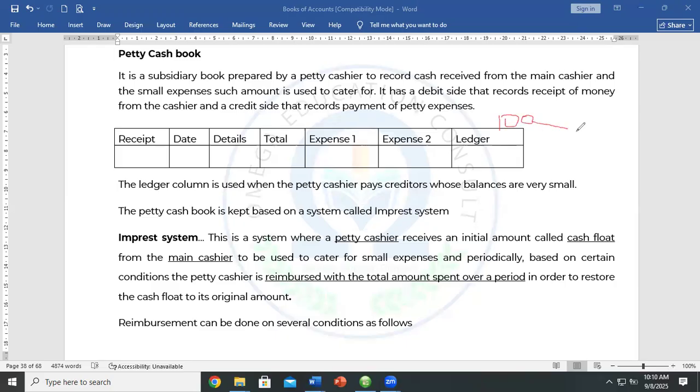Let's assume maybe by the third week of the month you have spent 80 cedis. What it means is that you have a balance of how much? 20 cedis. Under the imprest system, you are only going to be given back the 80 cedis, so that when you add it to your balance, you get back to your original cash float of 100 cedis.